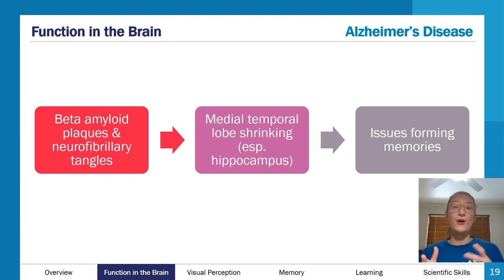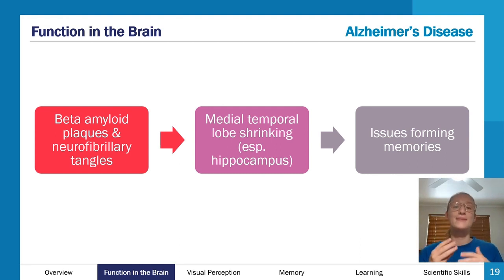And again, I spoke earlier about how neurotransmitters are released into the synapse. Sometimes they're broken down or reuptake occurs. Well, acetylcholinesterase is an enzyme that's responsible for breaking down acetylcholine to stop that message being sent. But these plaques increase the activity of that enzyme, which breaks down acetylcholine.